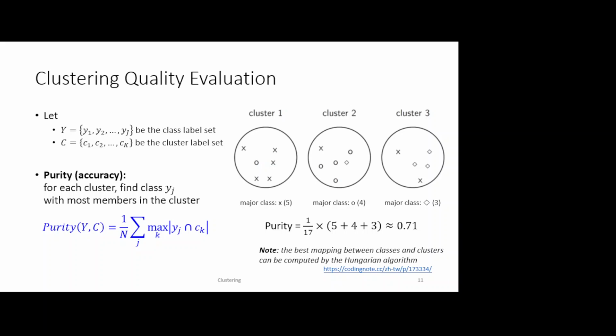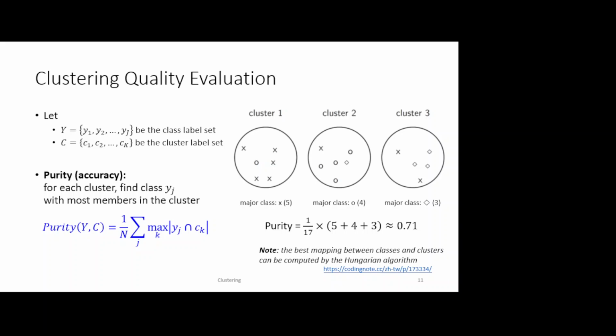First is what we call purity, or accuracy. It means for each cluster, we find a major class so that we can measure its accuracy. The expression is like this.